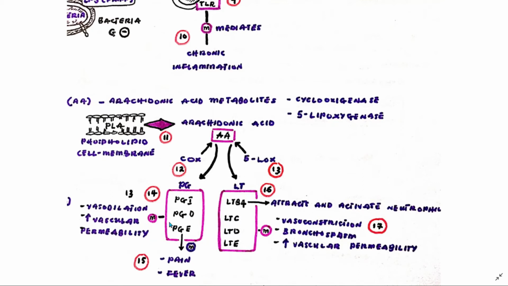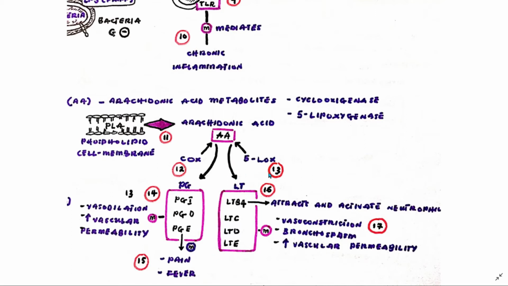So we are talking here specifically about prostaglandin I, prostaglandin D, and prostaglandin E. These are the main prostaglandins responsible for mediating vasodilation and increased vascular permeability. And interestingly, prostaglandin E on its own also mediates pain and fever.